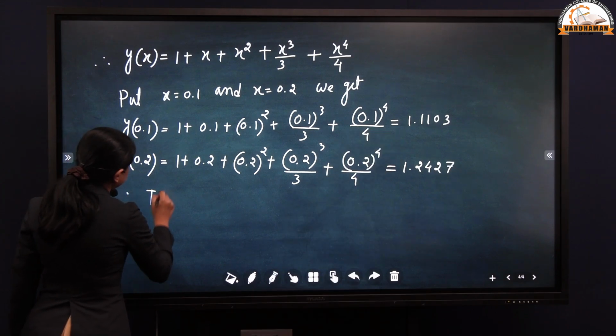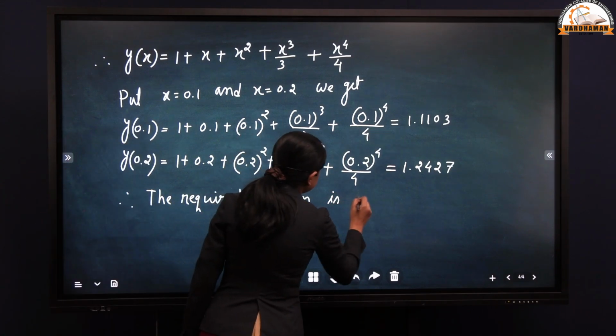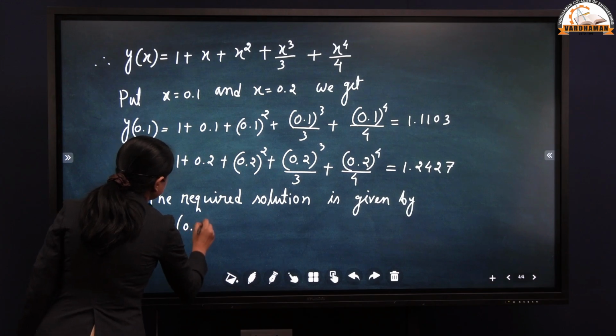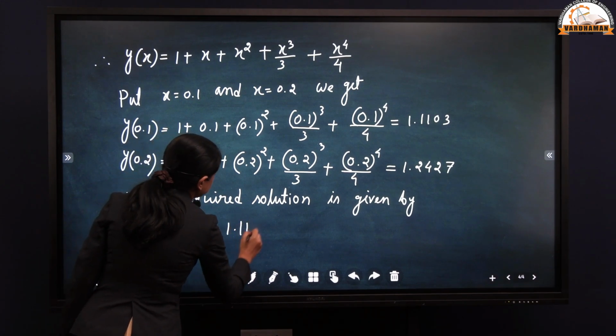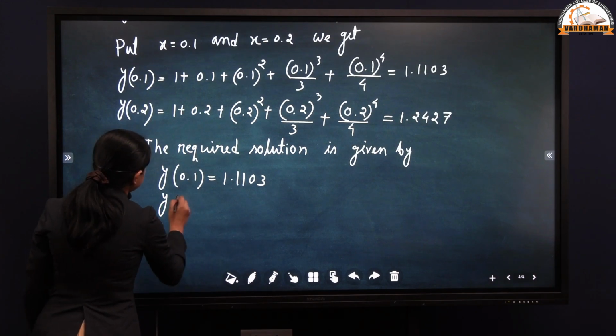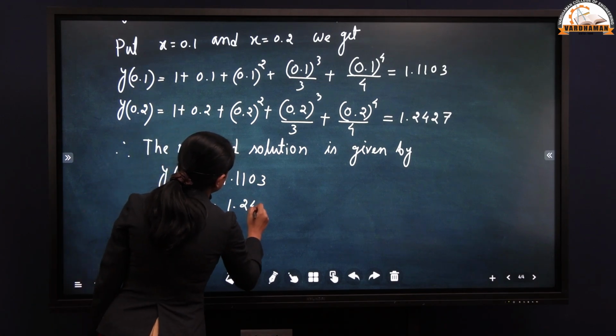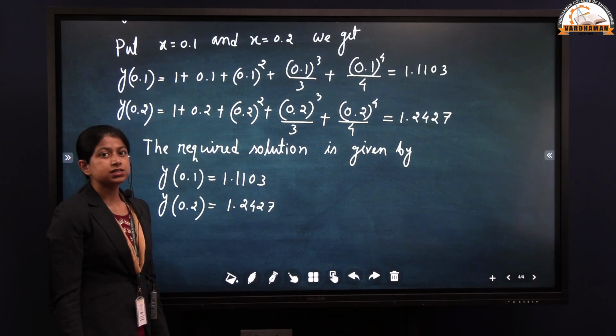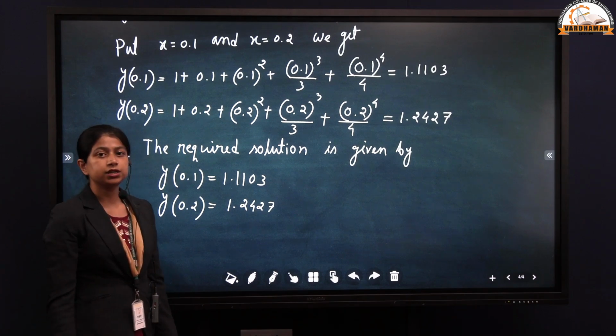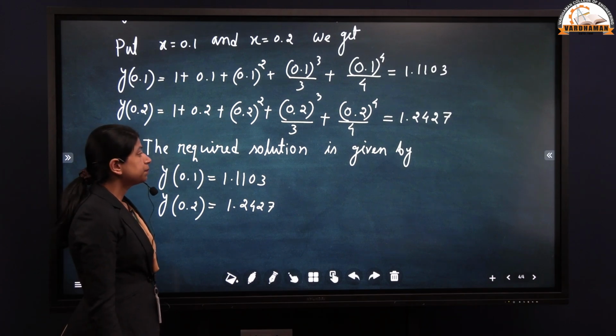Therefore, the required solution is y at 0.1 is equal to 1.1103 and y at 0.2 is equal to 1.2427. So this is how we solve a first order ordinary differential equation using Picard's method.